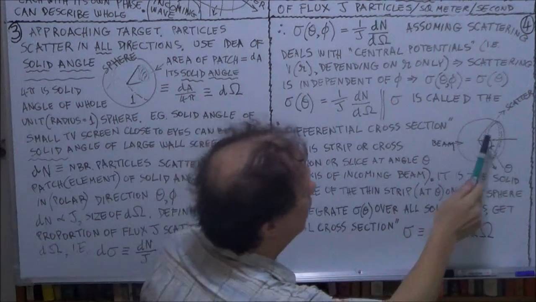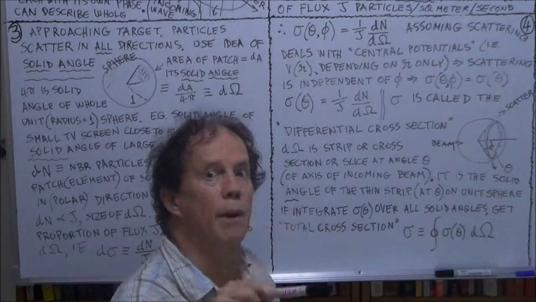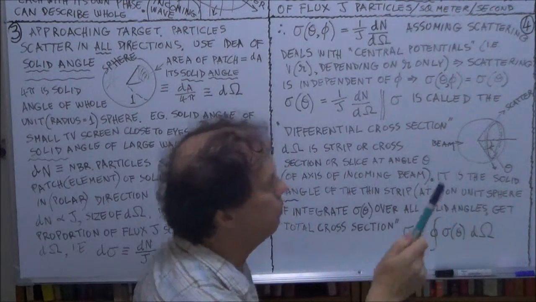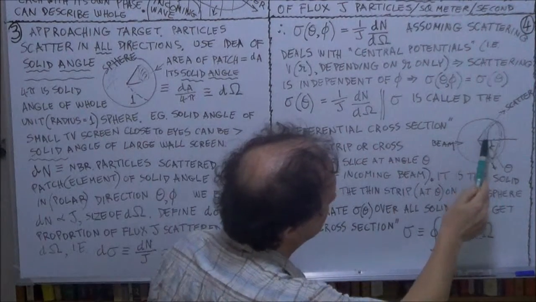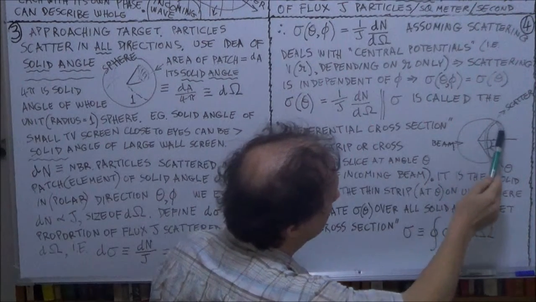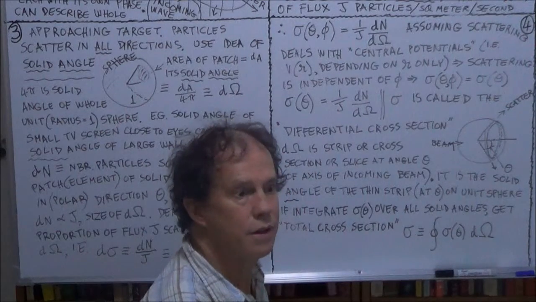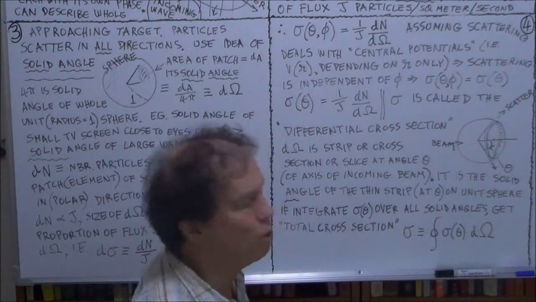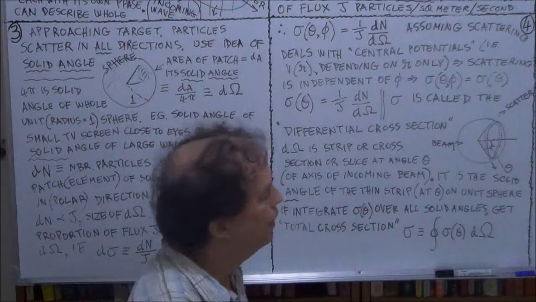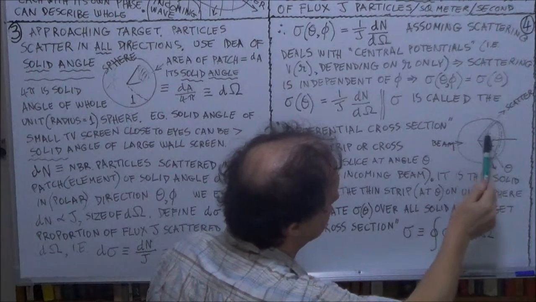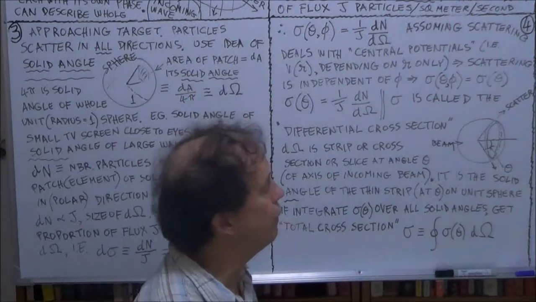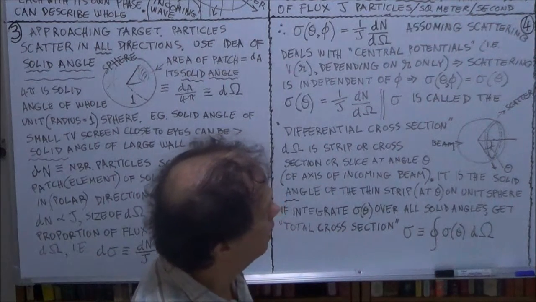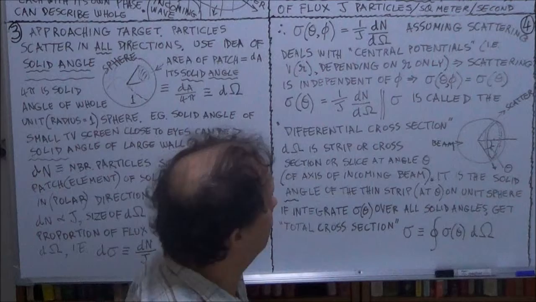That would be your d sigma, and your dn would be the number of particles that go through that surface area, that patch. Well, it's not a patch anymore; it's a strip that lies on the surface of the unit sphere. So that's the d omega.